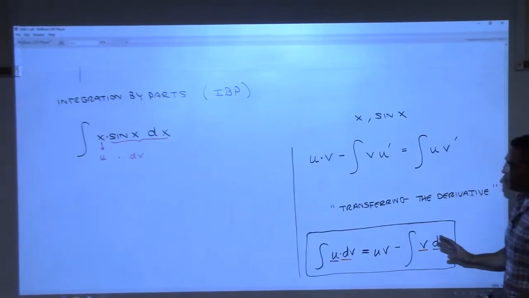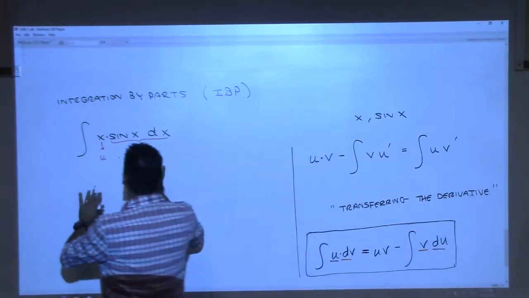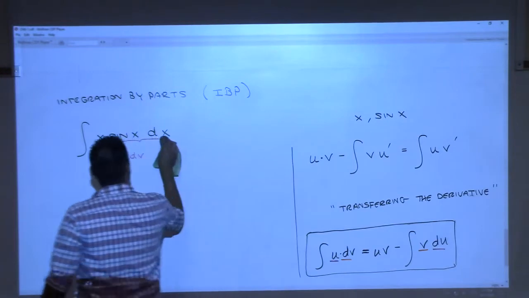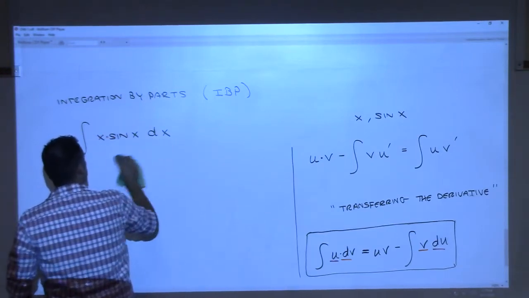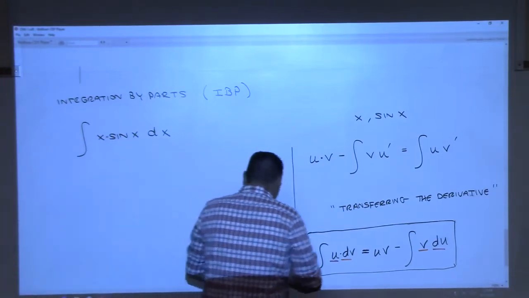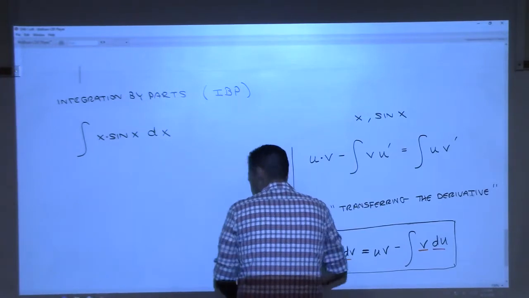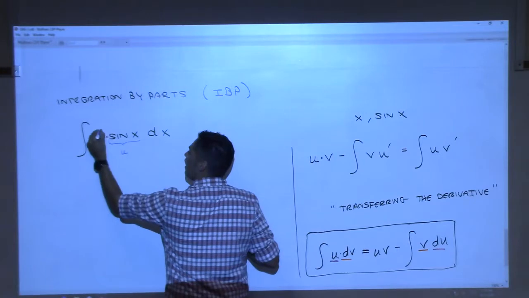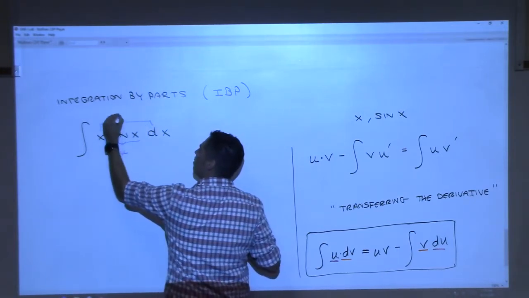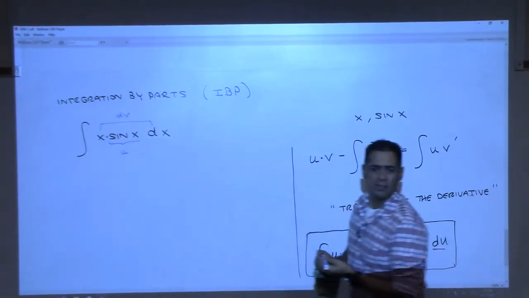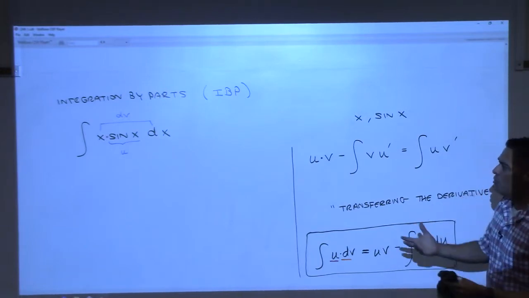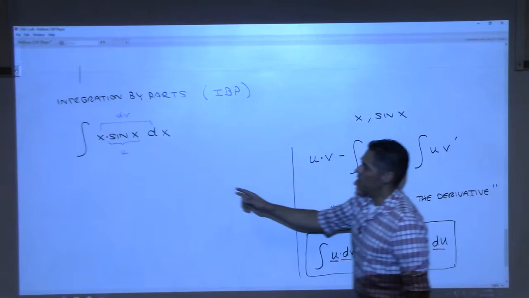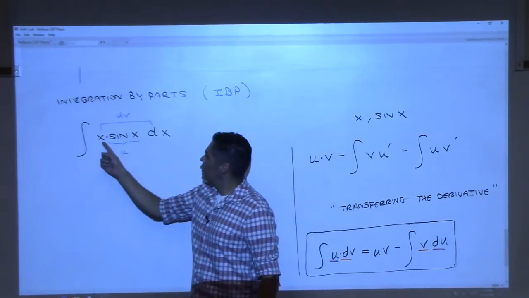So I could have picked it the other way, and I think we should look at that. What would happen if instead I had chosen this to be u, and then these two together to be my dv? In the new integral, I'm going to have v, which is the antiderivative of x dx.